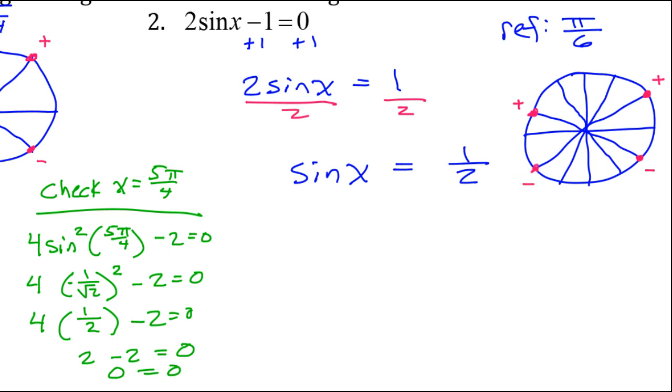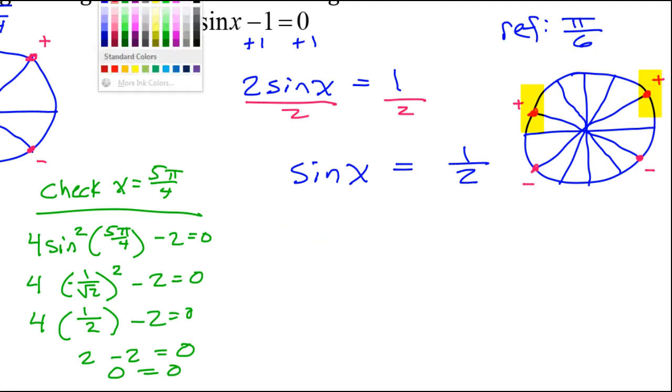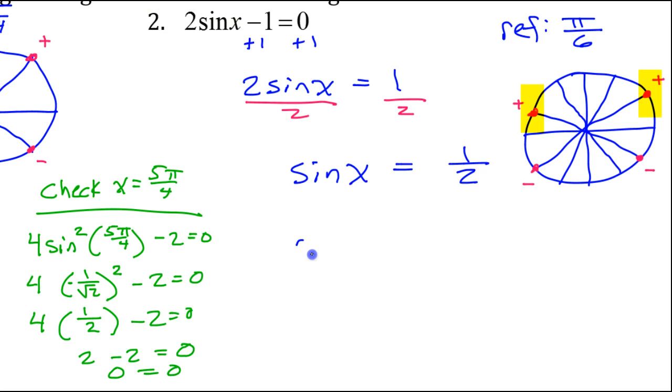So the answers will come from this and this. Now, what are they? This first one is in fact the pi over 6, the reference angle itself. So x is equal to pi over 6. But that's not the only answer. This angle over here is also going to be a valid solution.